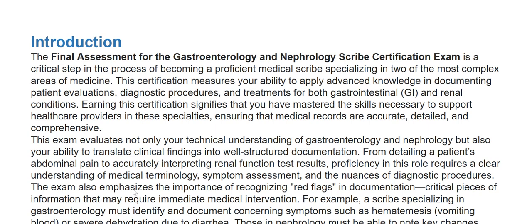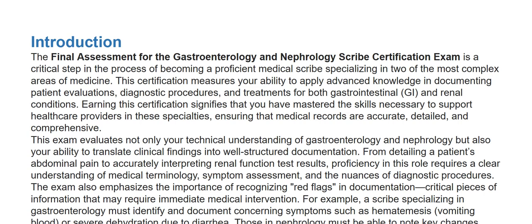The exam also emphasizes the importance of recognizing red flags in documentation, critical pieces of information that may require immediate medical intervention. For example, a scribe specializing in gastroenterology must identify and document concerning symptoms such as hematemesis, vomiting blood, or severe dehydration due to diarrhea.